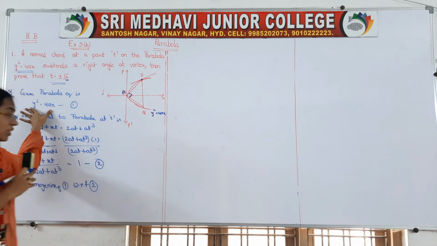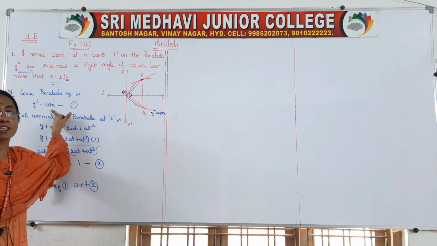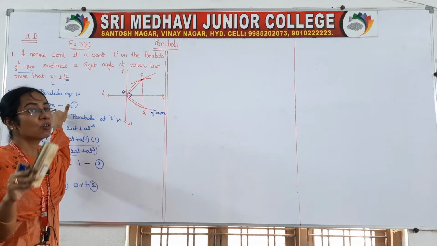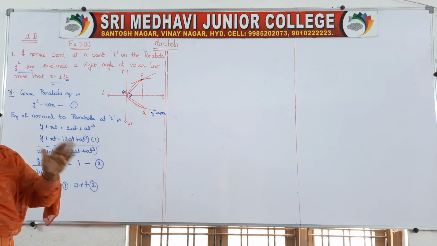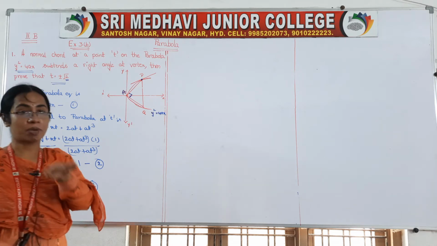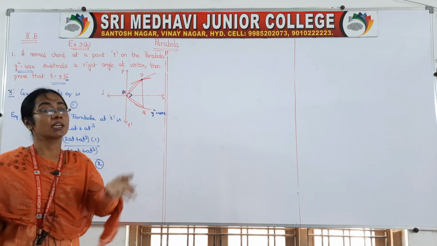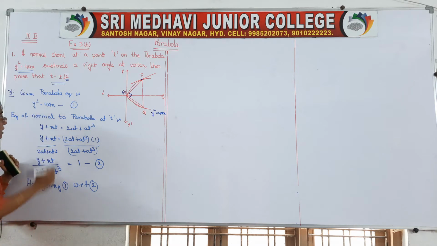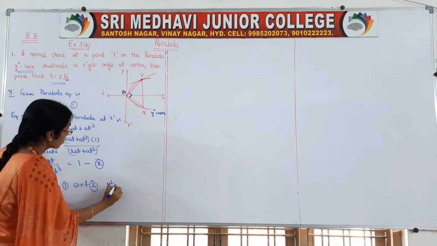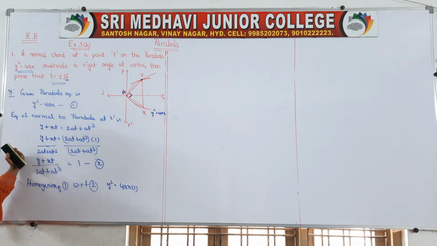Here in your curve equation, only the x term is there; the y term is not there, and the constant term is not there. So after homogenization in the curve equation, we take the x square and y square terms as they are, the x term into 1, the y term into 1, and the constant term into 1 square. Here only the x term is there, that's why we will write this as y square is equal to 4ax into 1. That is called homogenization.